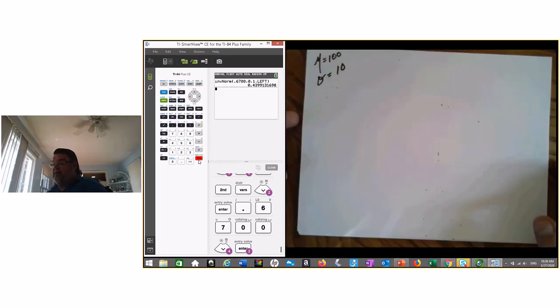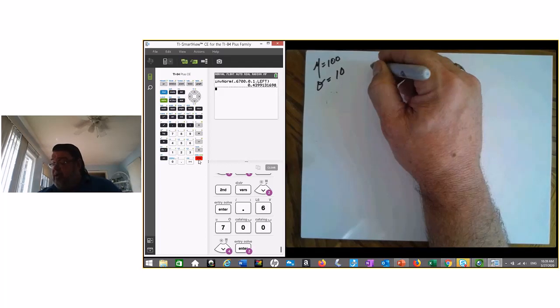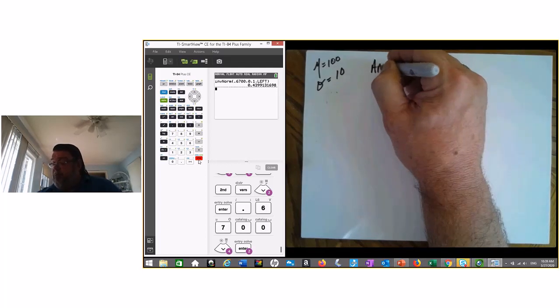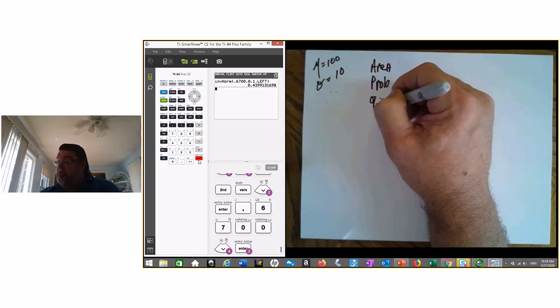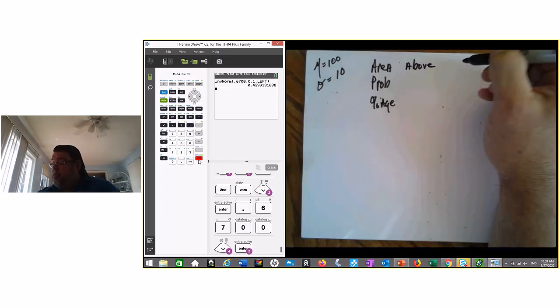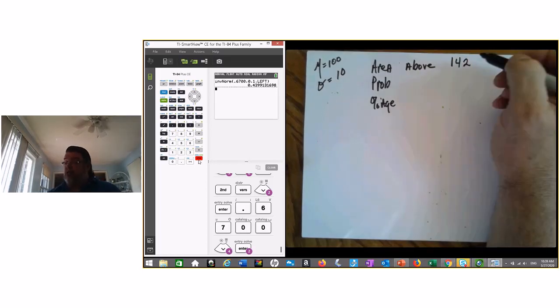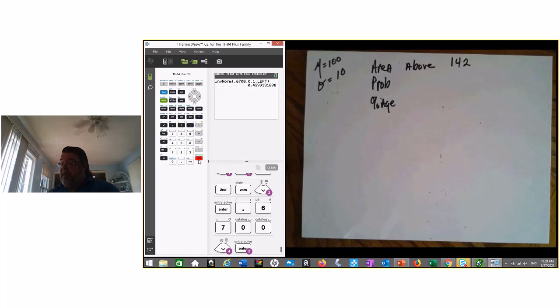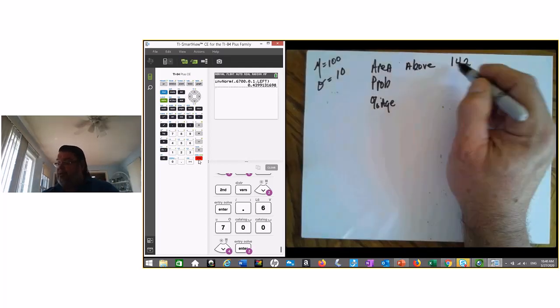I want to find the area, probability, percentage above 142. Let's say these are IQ scores. Tell me what percentage of people are going to have an IQ test score above 142.